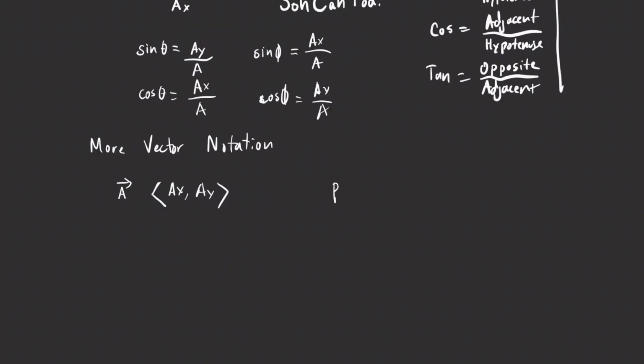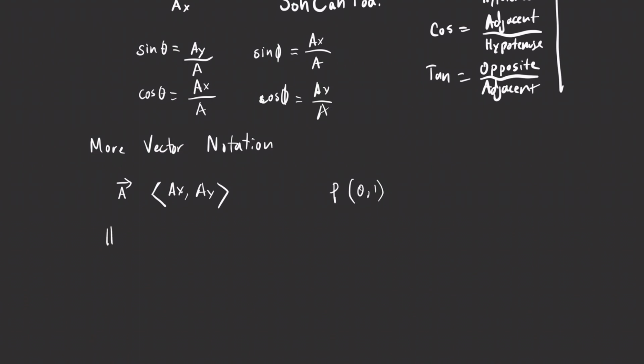So just like how we can express a point as an ordered pair, we can do a similar thing for vectors with its components. And keep in mind they're expressed in these greater than, less than looking brackets.